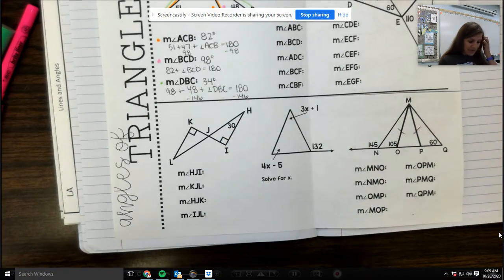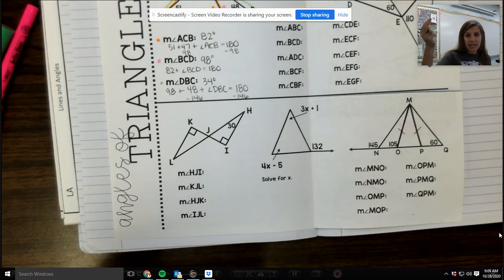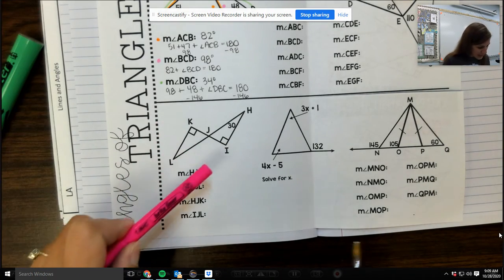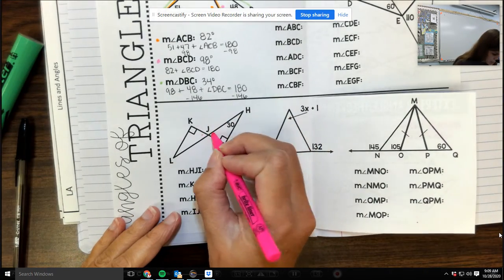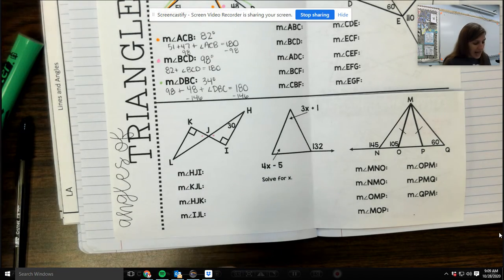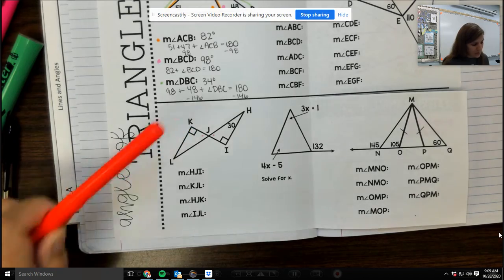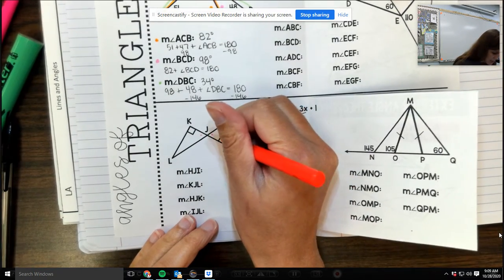If I have two remote interior angles, they can add up to equal an exterior angle. So in this picture here, I do notice that I have vertical angles, but I don't know either one. In this triangle, I only know that this is 90, so that's not super helpful. But in this triangle, I know that this angle here is 30 and that one is 90.